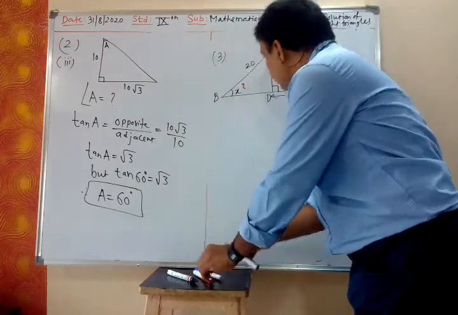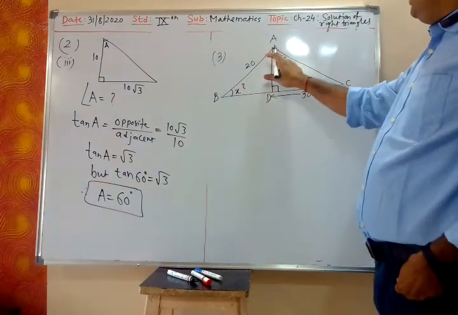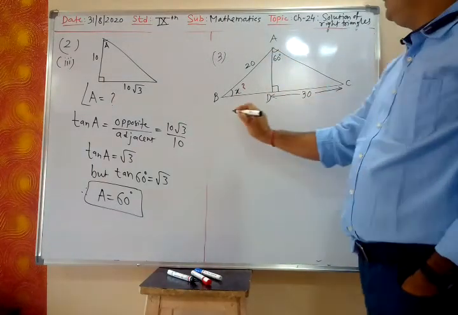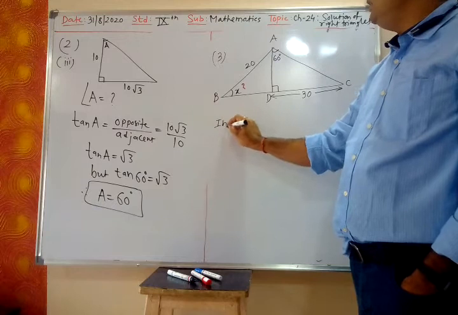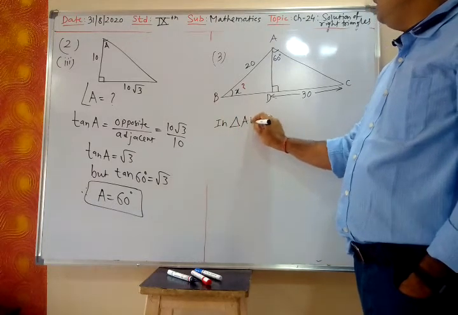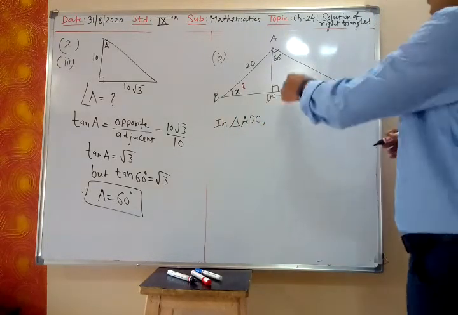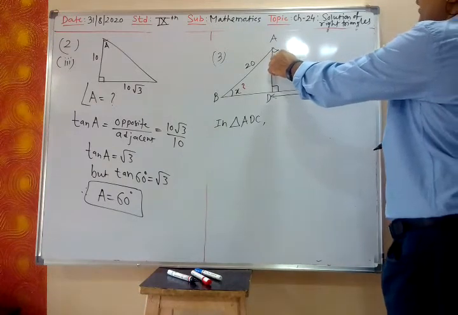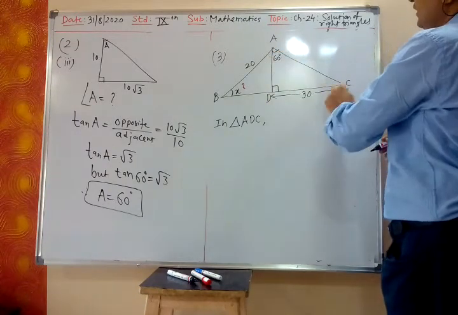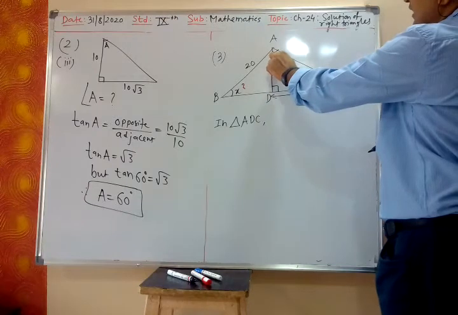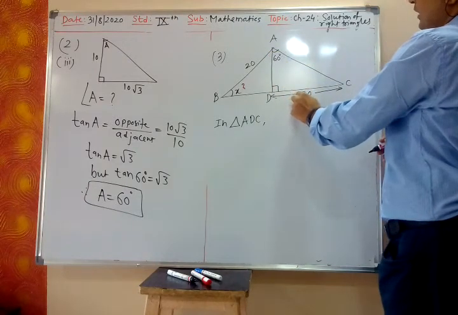So what we do, just see here. In triangle ADC, this is my reference angle. We are given reference angle 60. We are given opposite side.